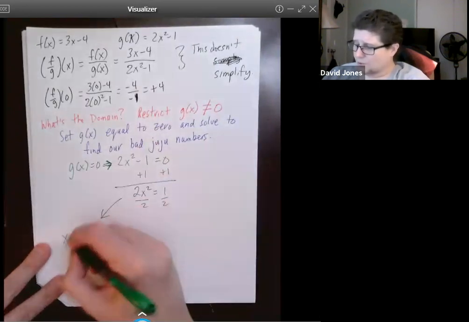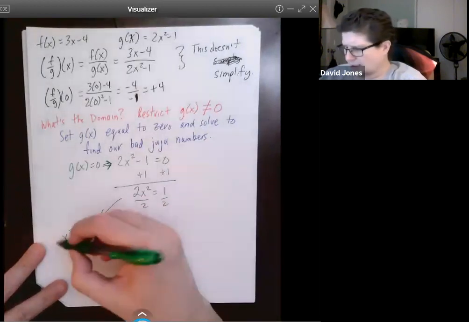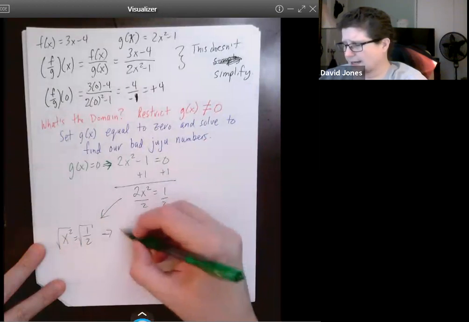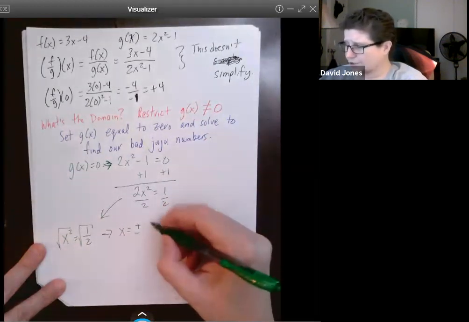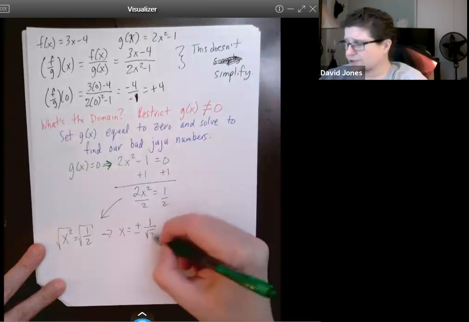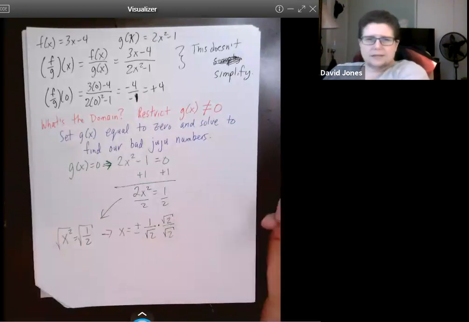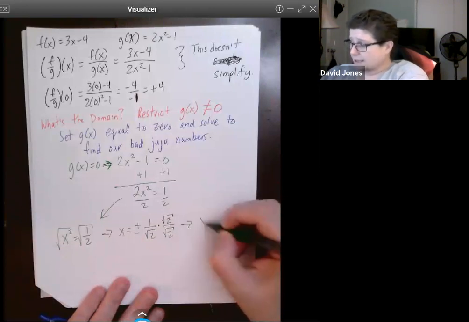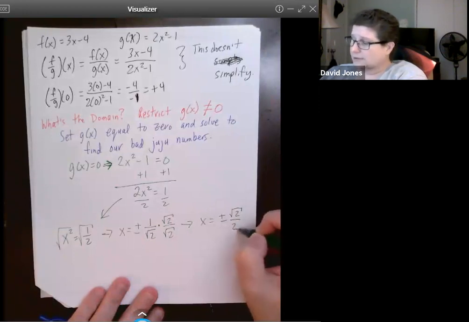And I get x squared equals 1/2. And then I take the square root of both sides. And I get x equals plus or minus the square root of 1 over 2, which is 1 over the square root of 2. We don't want to leave it like that. We don't like having radicals in the denominator, so we'll multiply by the denominator to clear them. And so I get x equals plus or minus the square root of 2 over 2.